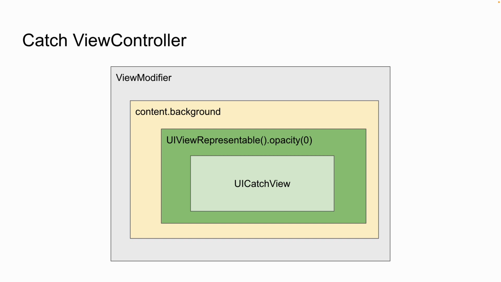Inside, for our content, we'll provide in background this UIViewRepresentable. It even could be fully transparent, so opacity 0. And inside this UIViewRepresentable, we'll have this special UIView where we actually try to catch the parent ViewController.